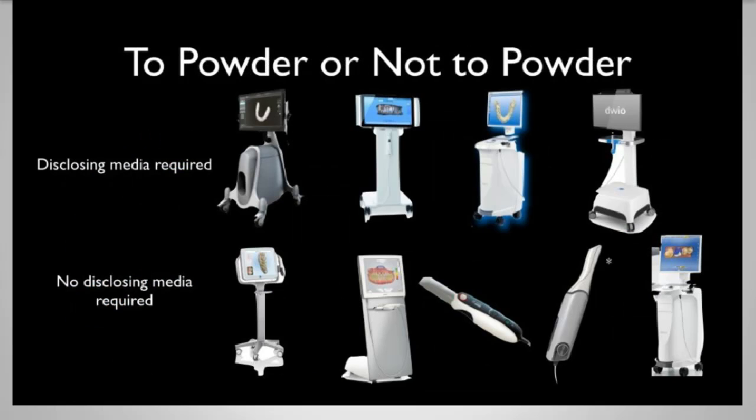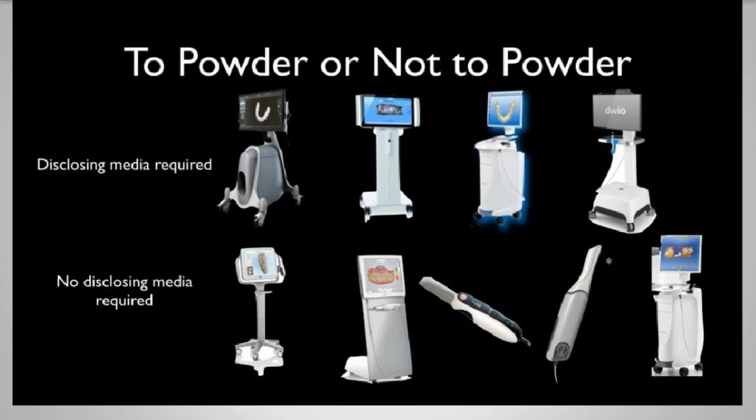Now, another decision you need to make is to say, are you open to having a disclosing media or powder on the dentition? Years ago, we only had an option of powder-based systems. Today, we have the option of having no powder. Now, generally speaking, when we powder the dentition with a very light coating of titanium dioxide, we're able to scan the dentition quicker and easier in some ways.